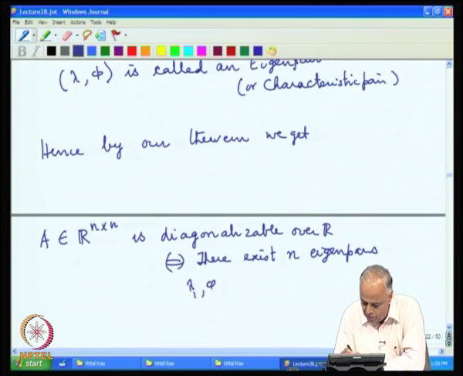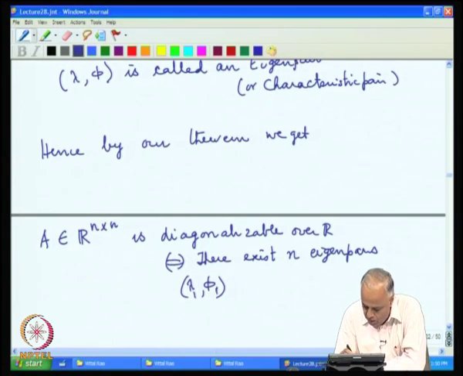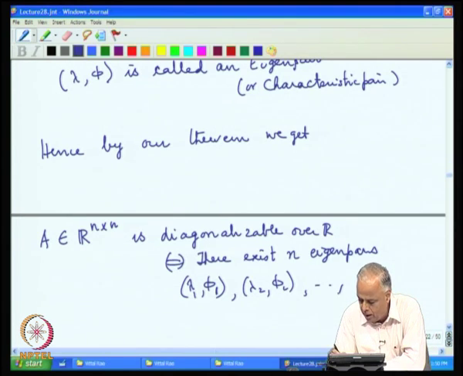lambda 1 phi 1, I may use the same notation as before, lambda 1 phi 1, lambda 2 phi 2, etcetera, lambda n phi n, where phi 1, phi 2, phi n are linearly independent.